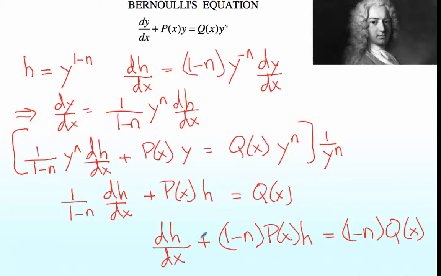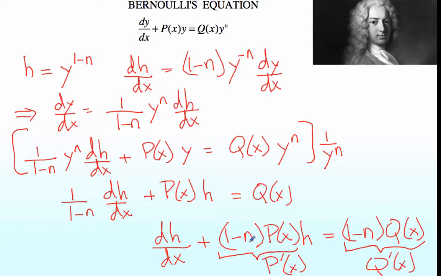So essentially we've got the same type of equation that we had previously, except that this over here is multiplied by 1 minus n, so call this a new function p prime of x, and this over here is almost the same as before except for this factor of 1 minus n, and that's q prime of x.